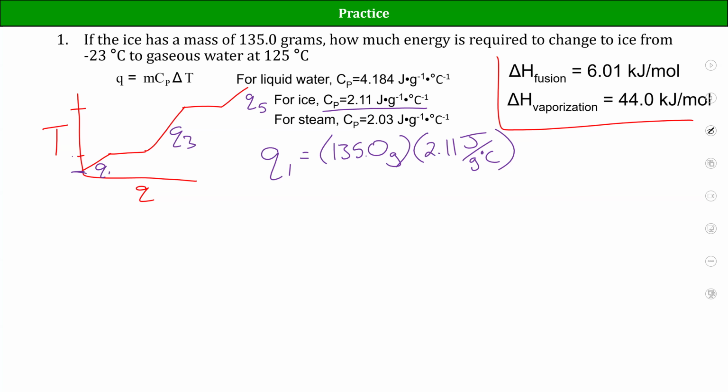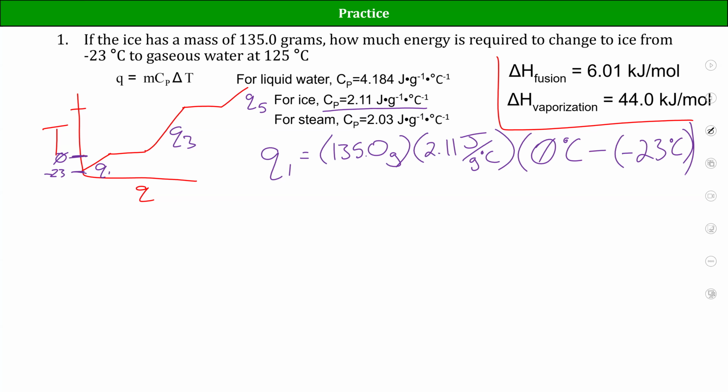I know I didn't put any numbers to this one. We started at -23 and we ended at 0 for the Q1. And when in doubt, just plug it in, it's final minus initial. Our final is 0 degrees Celsius minus our initial, which was -23 degrees Celsius.